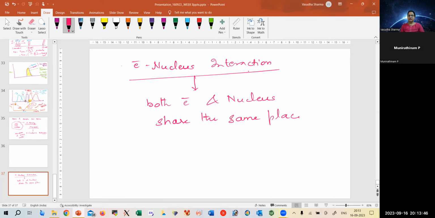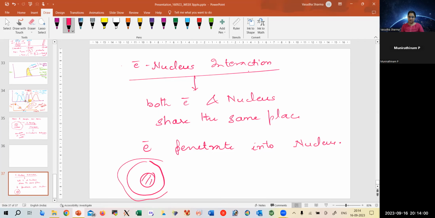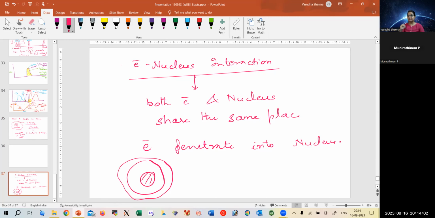What we are trying to say is that the electron should be able to penetrate into the nucleus. Normally, the nucleus is there and the electron goes into its orbit. It doesn't come inside the nucleus.